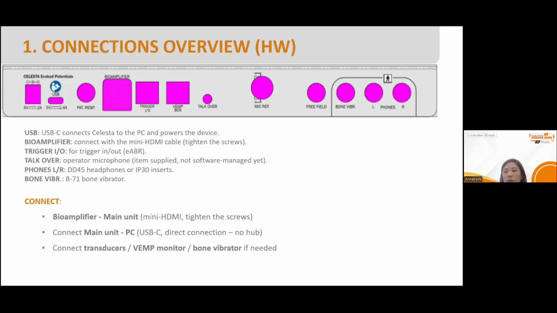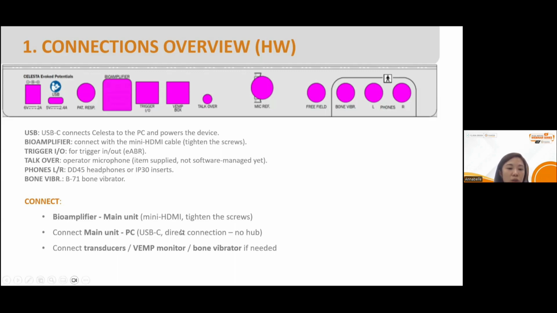Then you can switch to the bone vibrator and check the ABR. Although it takes a little more time, it can still help you accurately diagnose whether the baby really has sensorineural hearing loss or just conductive hearing loss due to the atresia or microtia.